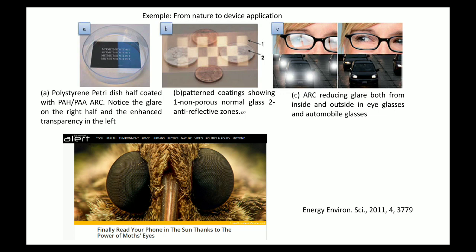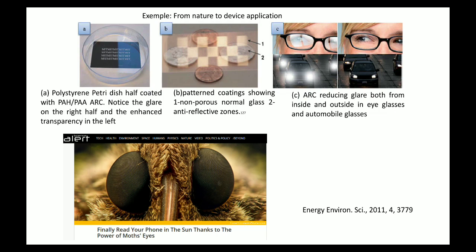Okay, the number one pattern you are looking at is more shiny, a shiny goldish color. That is a non-porous normal glass, so the reflection is very high. You are not able to see what is on the backside of this shiny square surface.